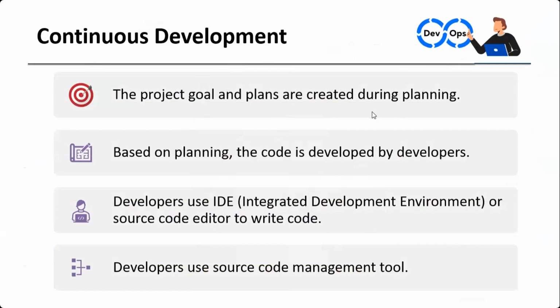This structured approach helps to maintain code quality and project alignment, which is very important for successful software delivery. For example, when you have a source code management tool, you can say that we have tools like Git, Mercurial or SVN, which help developers manage code versions, collaborate with team members, and track the changes.